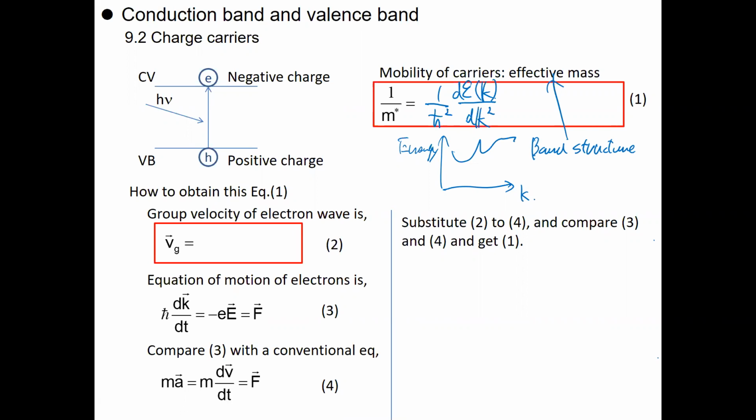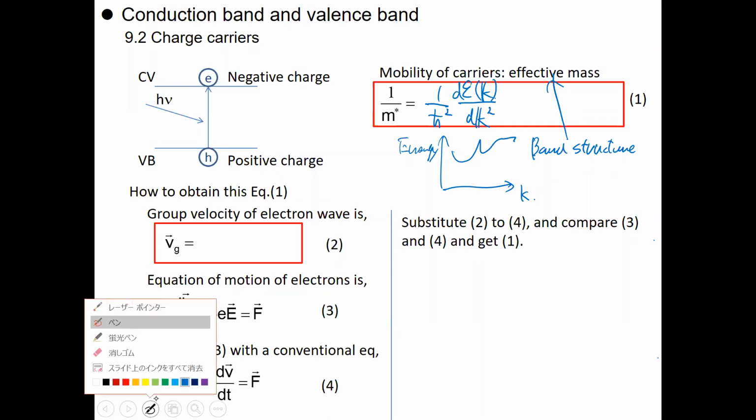How to obtain this equation is a bit complicated, but please try to follow along. First, the electron is regarded as a wave, and the energy of the electron is transferred by the group velocity, not a pure velocity.